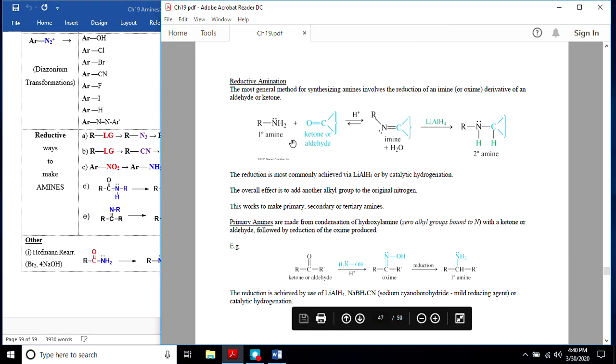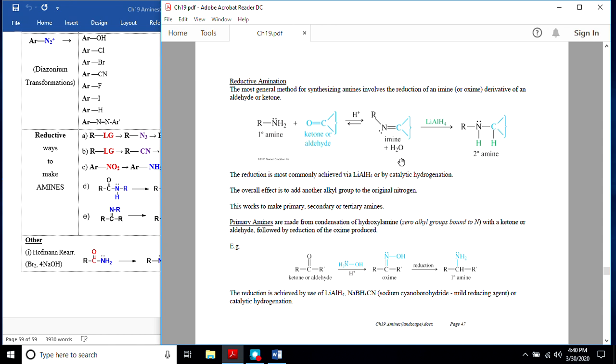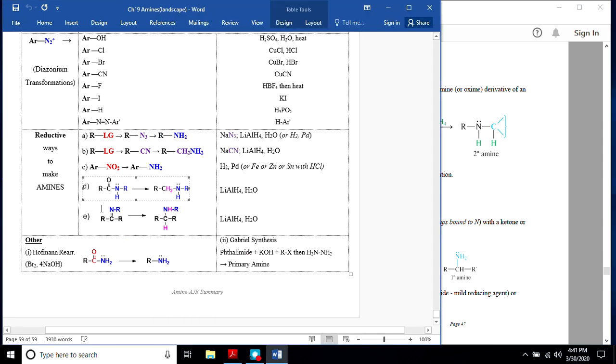So amine plus aldehyde or ketone gives an imine. Reduce the imine, you get a new amine. And notice the relationship, primary amine going to secondary amine. So we've added a new R group. This appears in our summary here.